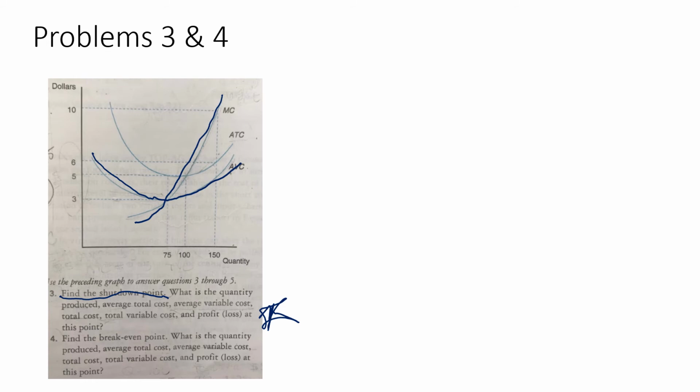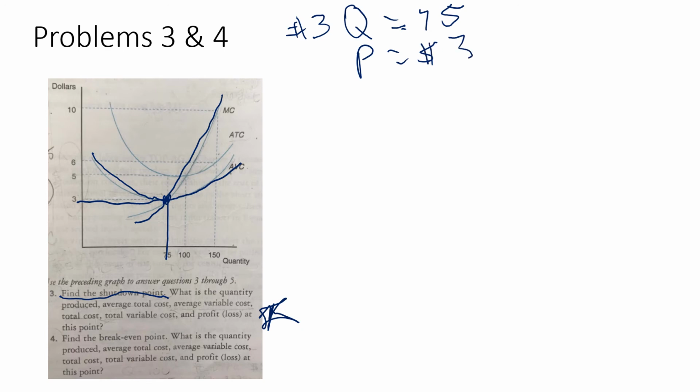So for number 3, the quantity produced at this point is going to be 75. The price at this point is going to be $3. The average total cost at this point, you follow the 75 quantity all the way up to the average total cost curve where it meets.